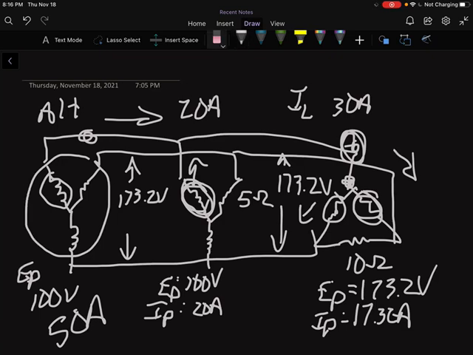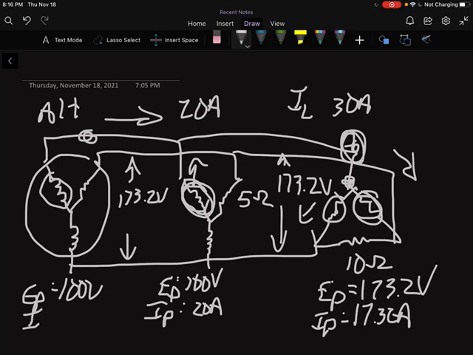Once again, that looks brutal. Let me just make this a little neater. So we have E phase at our alternator is 100 volts, and our I line is equal to 50 amps. Because it is a Y connected alternator, that 50 amps that is seen here can be brought down into the alternator.